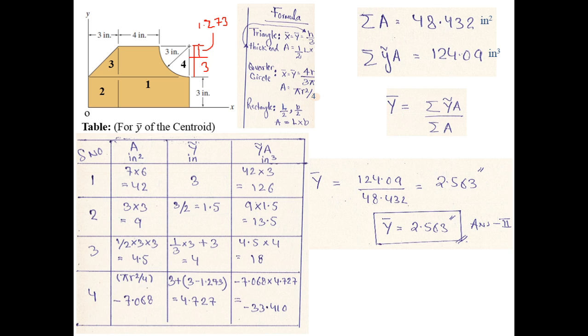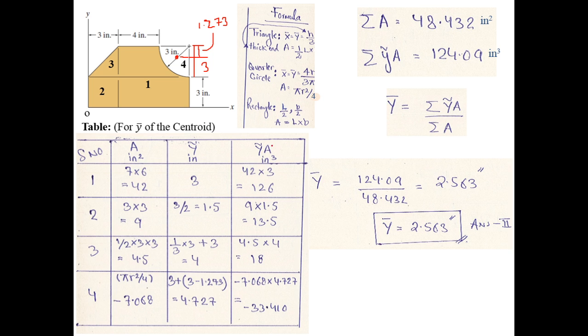So you subtract 1.273 from this 3, you will come here. This is the centroid of this quarter circle measured from its center. Then you have to add 3 to it to relate it to the origin. So it is 4.727 inches.